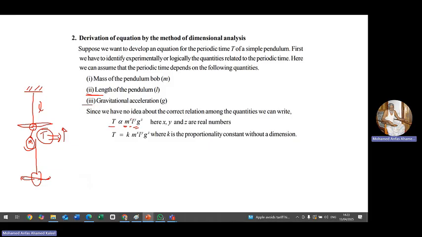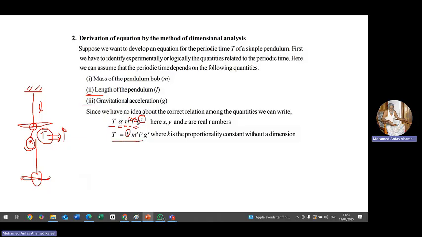So we don't know the exact relations. That's why we propose M to the power X, L to the power Y and G to the power Z. Finally, to remove the proportional symbol, we multiply by a constant.